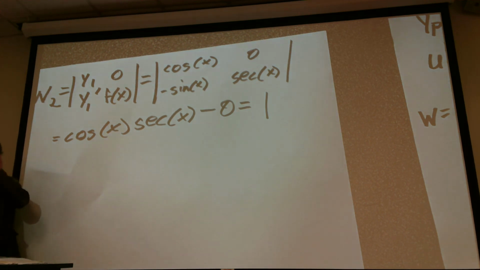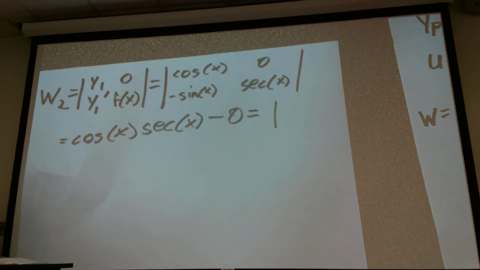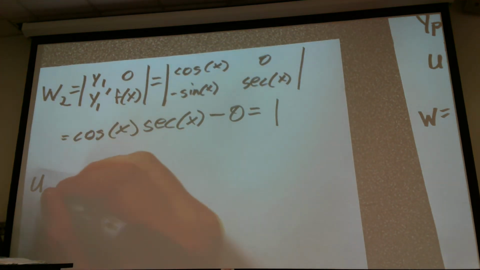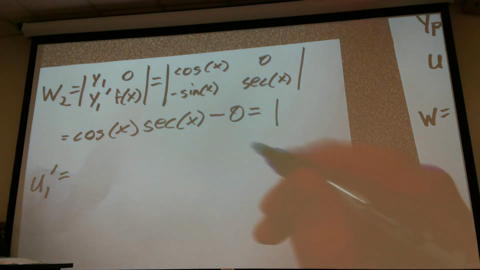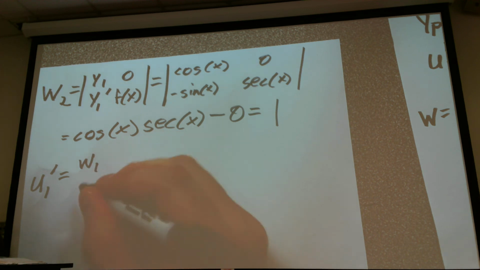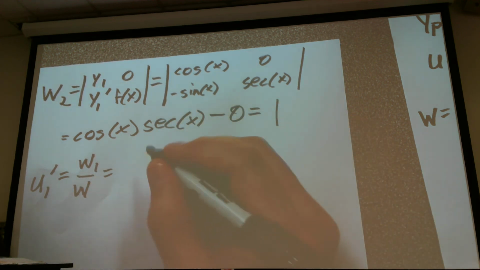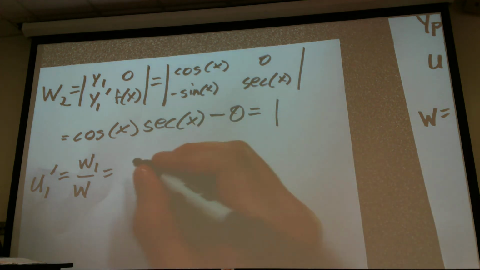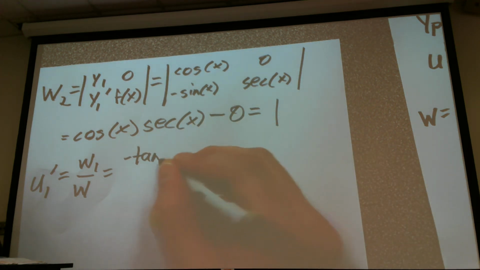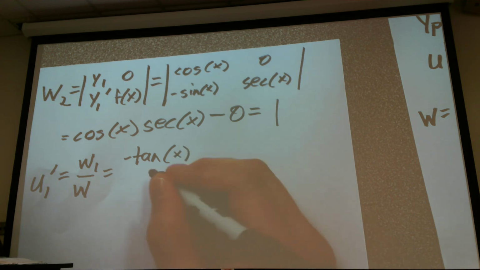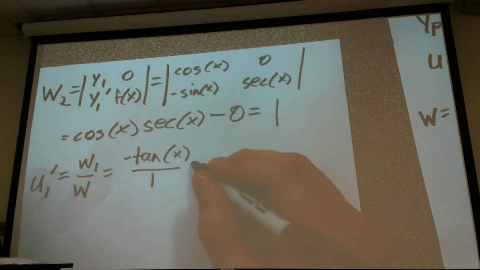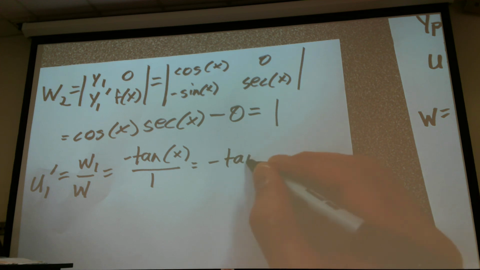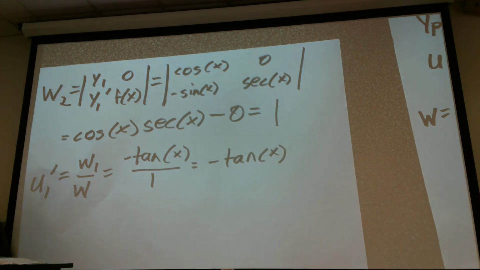Okay, so let's remember that u1 prime is going to equal w1 divided by w. So that's negative tangent of x divided by 1, which is just negative tangent of x.